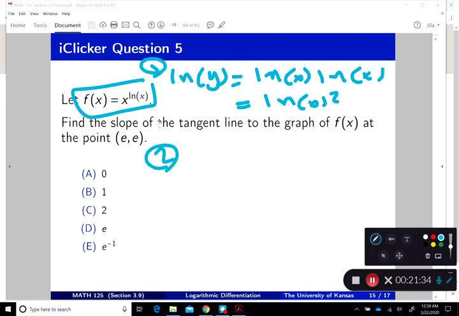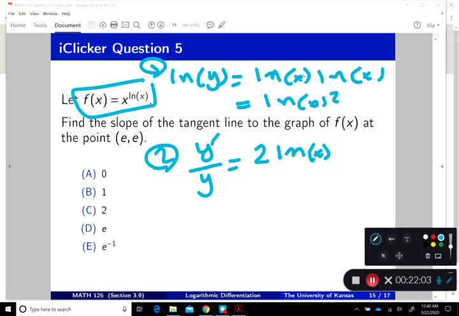The second step, I'm going to take the derivative. The first one just gives me y prime over y, and that one gives me 2. It's a general power rule: something to the power 2, the 2 comes down, the inside to the power 1 less, which is natural log of x to the power 1, then the derivative of the inside.